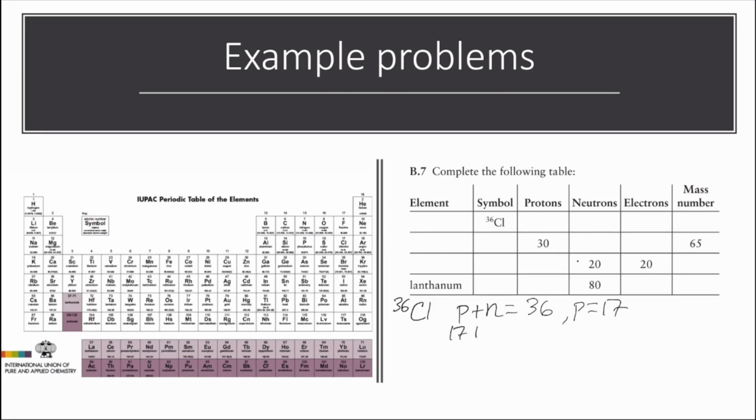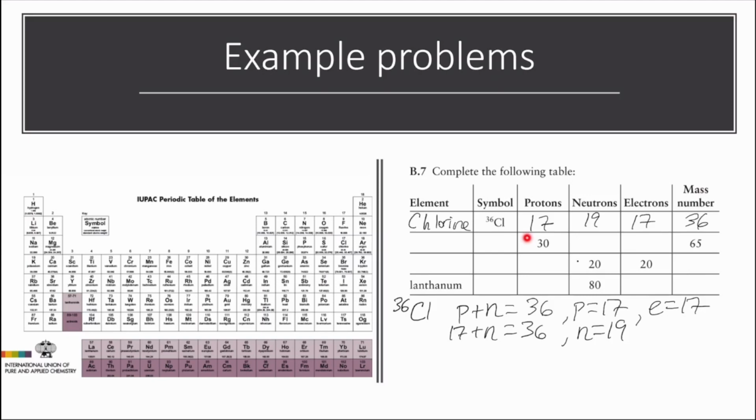So writing that here, the number of neutrons has to be equal to 19. And for this chlorine to be neutral, number of protons and electrons has to be equal, so 17. So let's fill out this table. Number of protons is 17, neutrons 19, electrons 17, and this is chlorine. And the mass number is another name for the atomic weight or atomic mass, so that's 36.